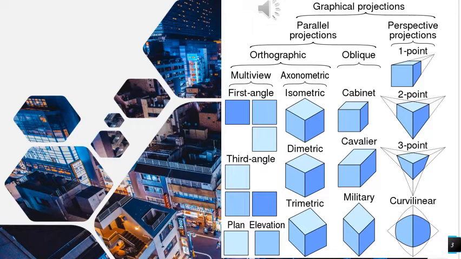In dimetric and trimetric, we can see in dimetric over here, the box, the two sides, right and left side, are equal, and the third side depends on the view angle of the object which we use to create it. And trimetric means all three angles of the object are different from each other, not the same angles as we see in the axonometric. So these are the basic types of axonometric.